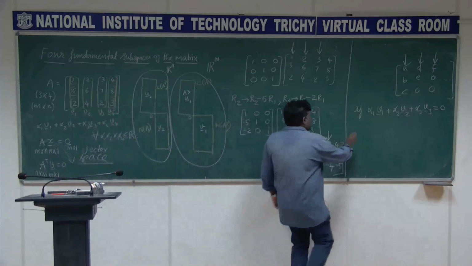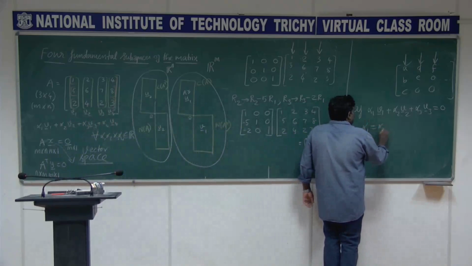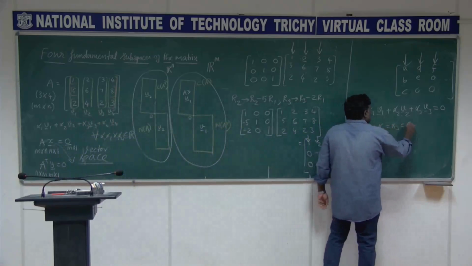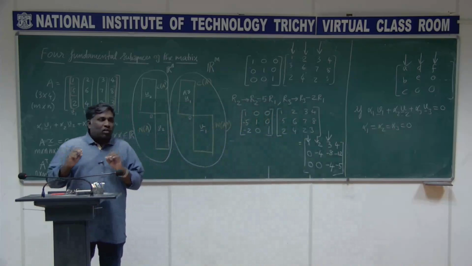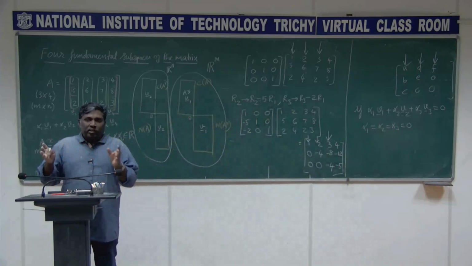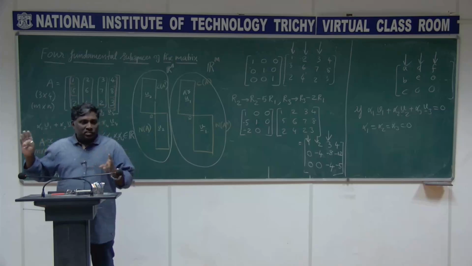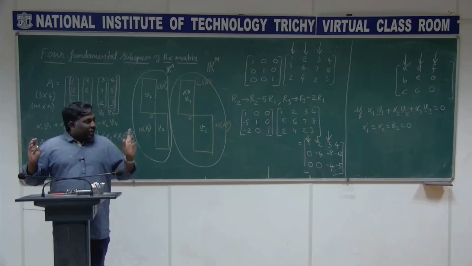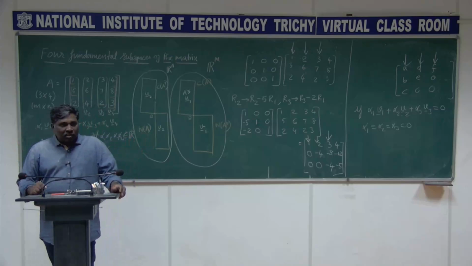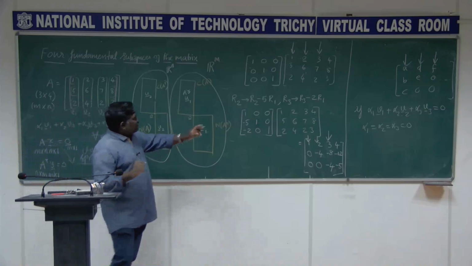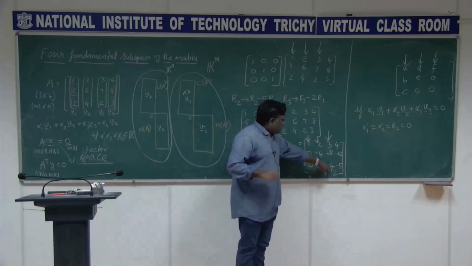I must not be able to find any other. The only choice to make this linear combination end up with 0 is simply alpha 1 equal to alpha 2 equal to alpha 3 equal to 0. If this condition is satisfied, then we say that these v1, v2, v3 are independent.